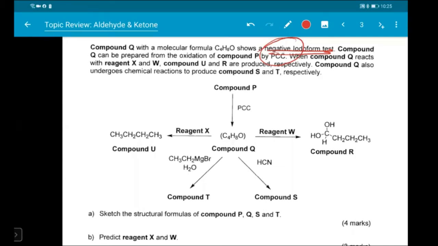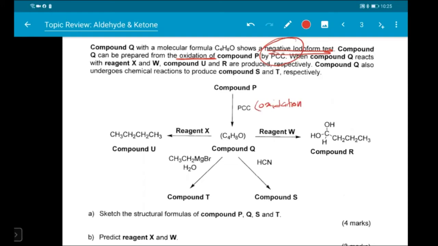Jawapan ada dalam soalan dah. Okay, terima kasih, kat sini dah tulis dah. Oxidation. Kalau dia tak tanya, mungkin saya akan tanya soalan lain. So this is oxidation.